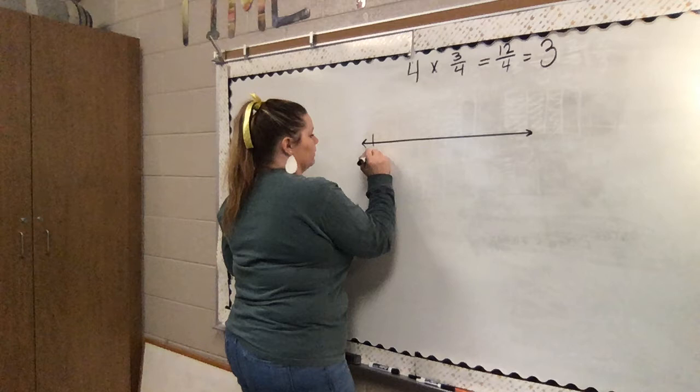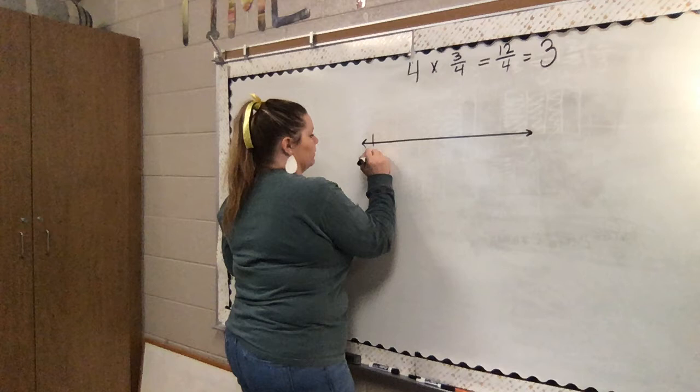Then I'm going to label my number line. So this would be 0/4, 1/4, 2/4, 3/4, 4/4, 5/4, 6/4, 7/4, and 8/4, 9/4, 10/4, 11/4, and 12/4. And I just happened to stop here. You could go out as long as you wanted when you're setting up your number line.